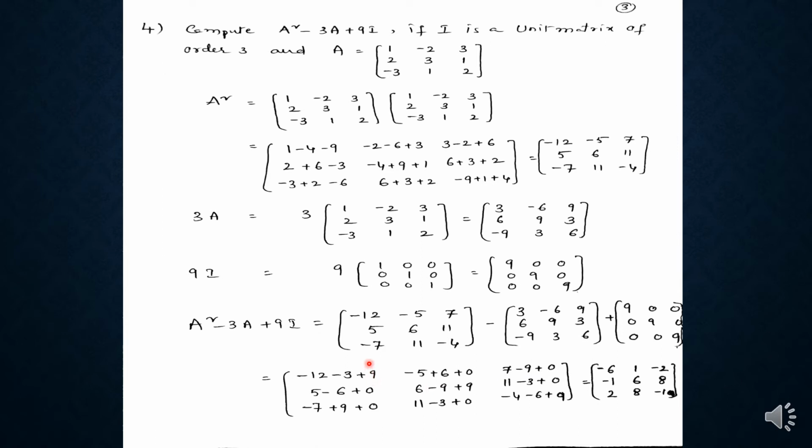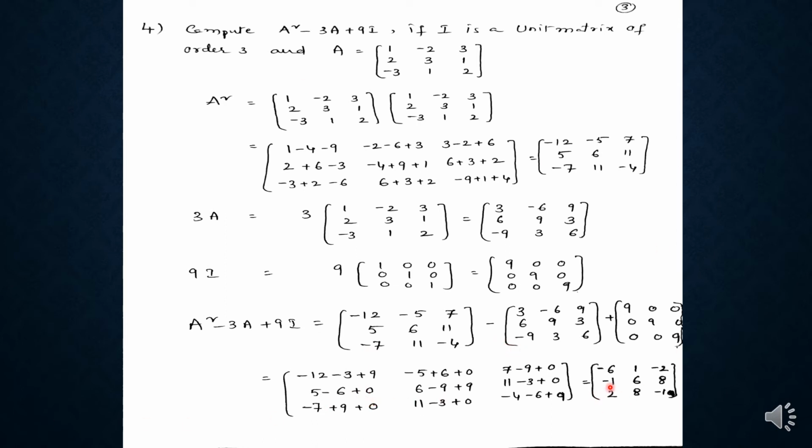Now the second row elements: 5 - 6 + 0, 6 - 9 + 9, 11 - 3 + 0. Third row: -7 + 9 + 0, 11 - 3 + 0, and -4 - 6 + 9.